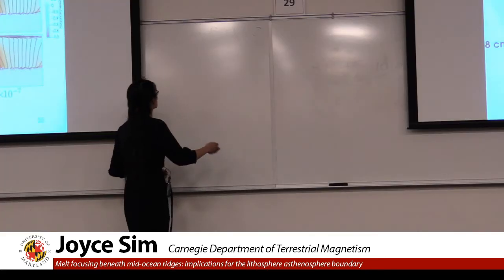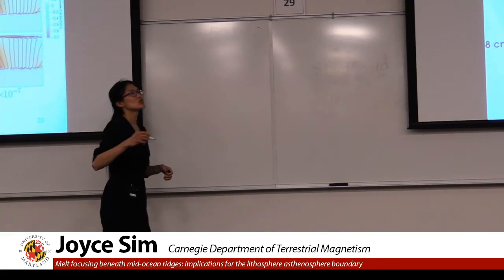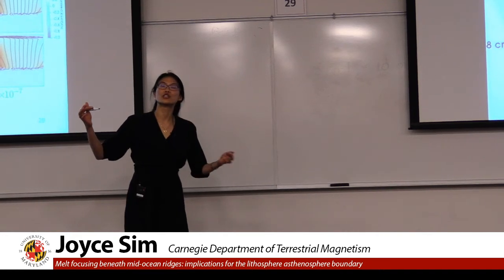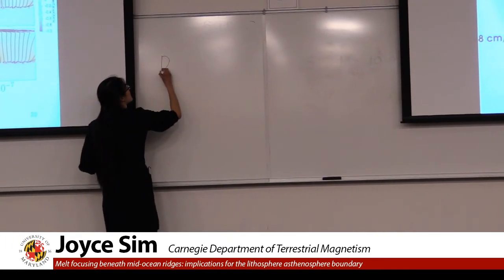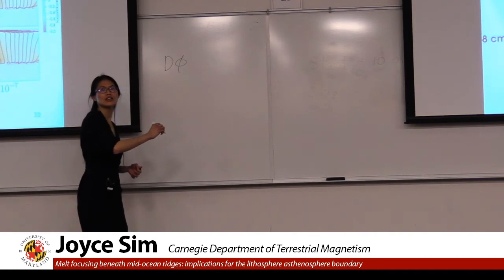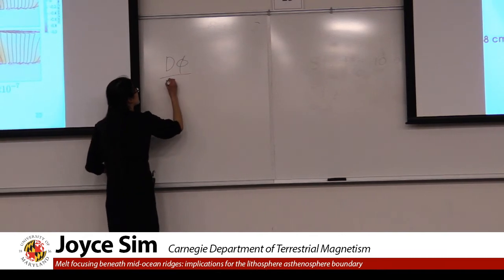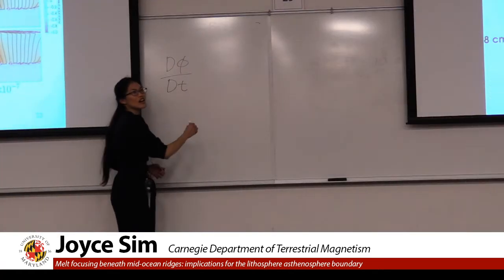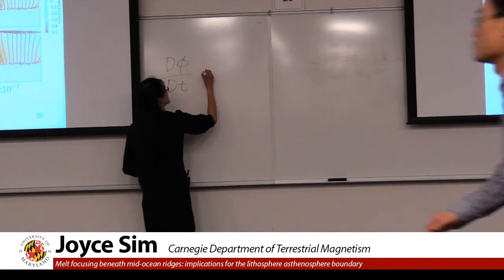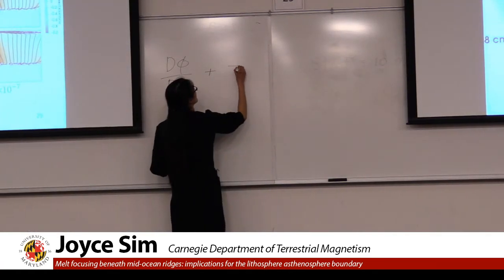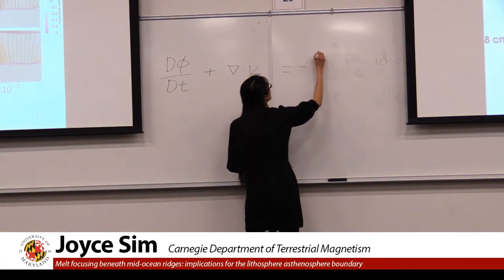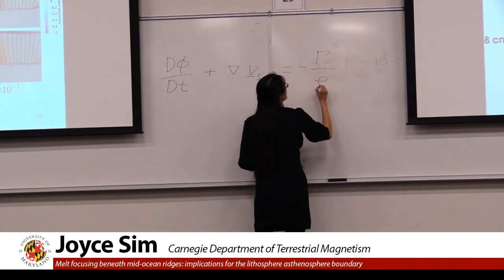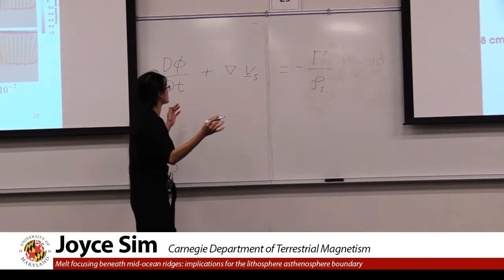Hopefully this is right. One of the things that we do is conservation of mass. And when you have a quasi-steady state... can everyone see? Okay, good. So this is the conservation of mass bit.